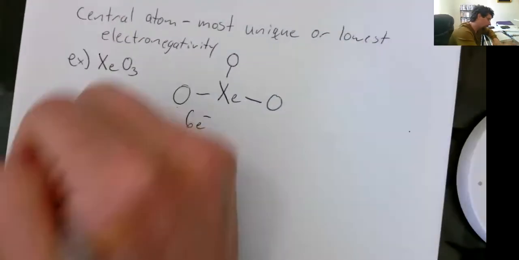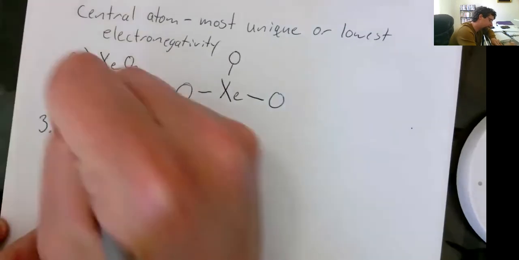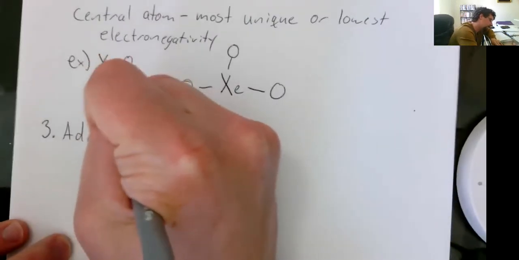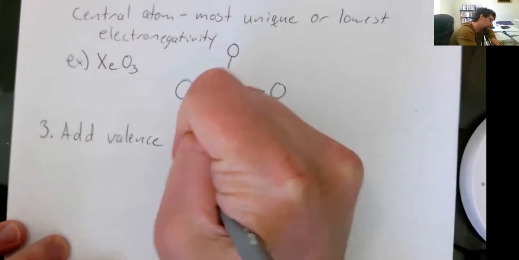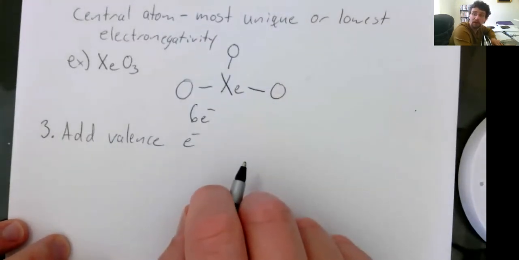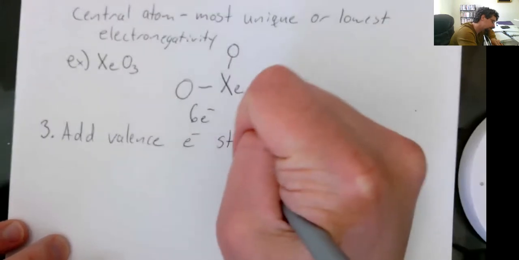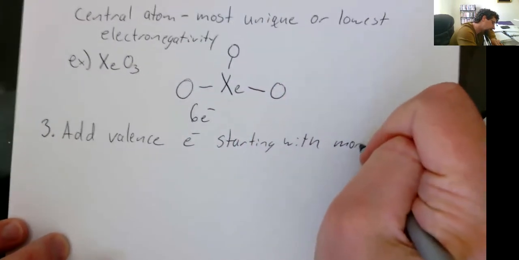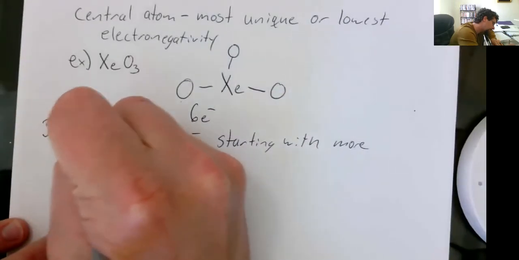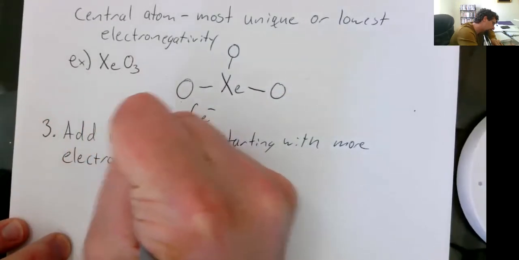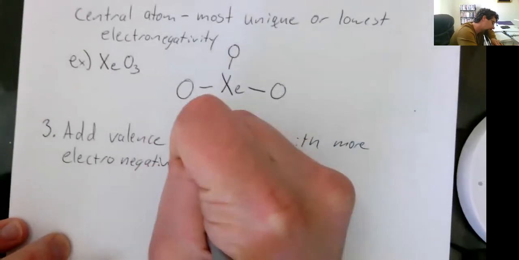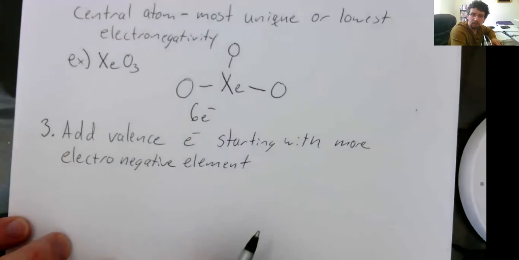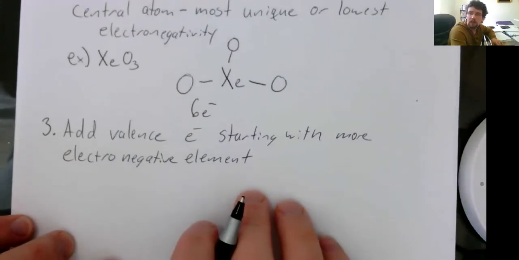Next, what we do is add valence electrons, starting with the more electronegative element. There's a point I want to make here.